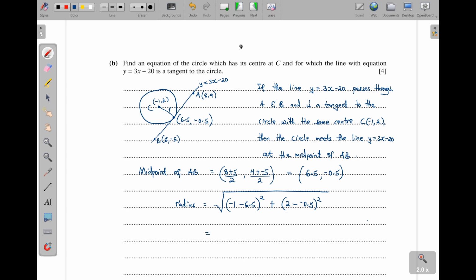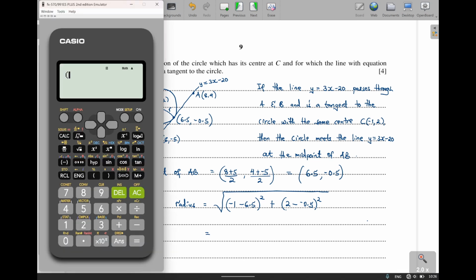So what do we get all together here? Negative 1 minus 6.5, of course, will be negative 7.5. You square it, then plus 2.5 squared. Then that will be root of 62.5.